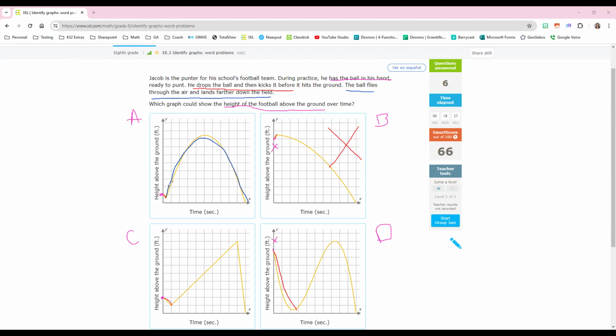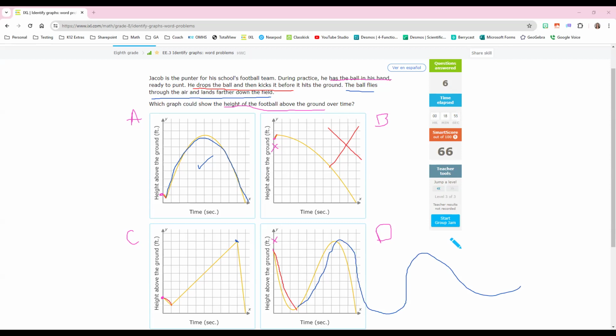That ball is just going to sail through the air and then come back down. Whereas in C, we have a specific point here. That is a really crazy increase and decrease. That doesn't really match the natural path of a ball if you're throwing it or kicking it. And then D definitely doesn't work because it keeps zooming around.